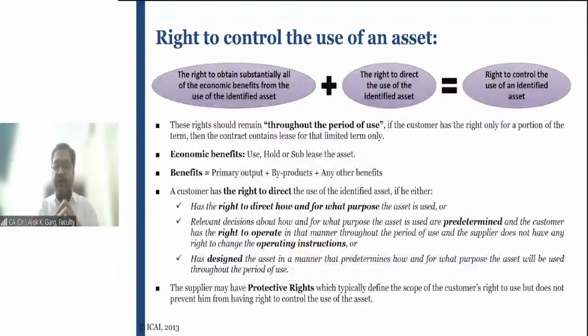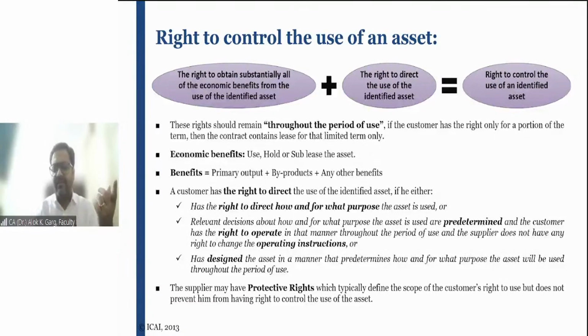Okay. Then friends, we discussed the right to control the use of an asset, and there we discussed the lessee should have a right to obtain substantially all the economic benefit associated with the use of the asset, not the ownership, use of the asset. Plus, the right to direct the use of the identified asset should lie with the lessee, right?